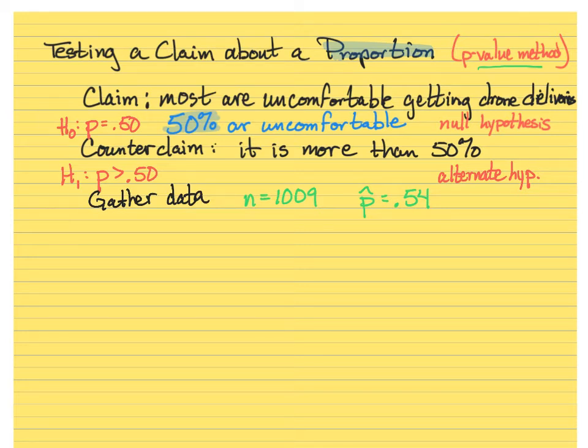Let's draw a picture of where we're at. With every hypothesis test, you have a similar picture. You have a normal curve, and right in the middle of the curve is the claimed proportion. They claim that p is 50.